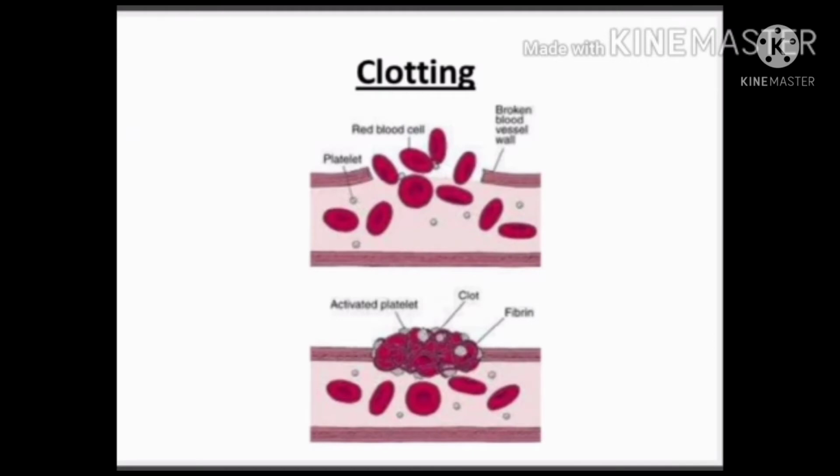Here in this slide you are seeing how the platelets and the red blood cells combine together and form a blood clot. This blood clotting is a complex process and we are going to read about it.